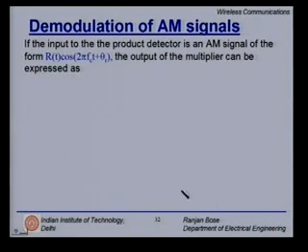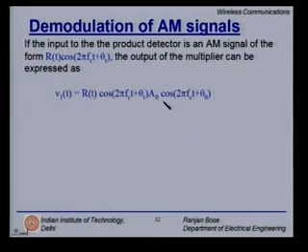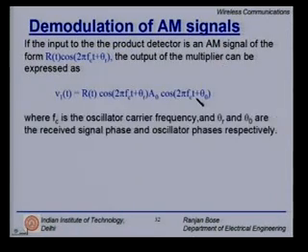So, if the input to the product detector is an AM signal of the form r(t) cos(2 pi fc t plus theta r), the output of the multiplier can be expressed as this, where fc is the oscillator carrier frequency, and theta r and theta 0 are the received signal phase and the oscillator phase respectively.